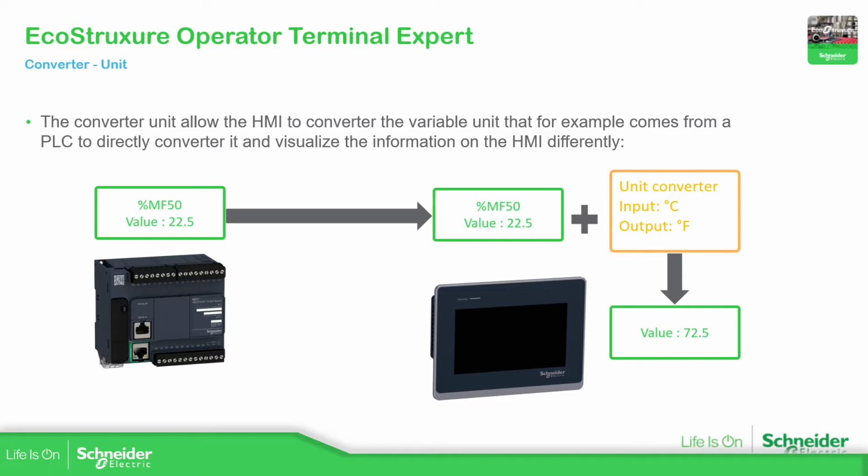Imagine I'm sharing this variable from the PLC, the %MF50, and on the HMI I'm reading this variable, and imagine that the value is 22.5. We can think of this as a temperature in Celsius. If we use this converter, it allows me to change to, for example, Fahrenheit. So even if I'm reading this value as Celsius, on the HMI I can read the Fahrenheit.